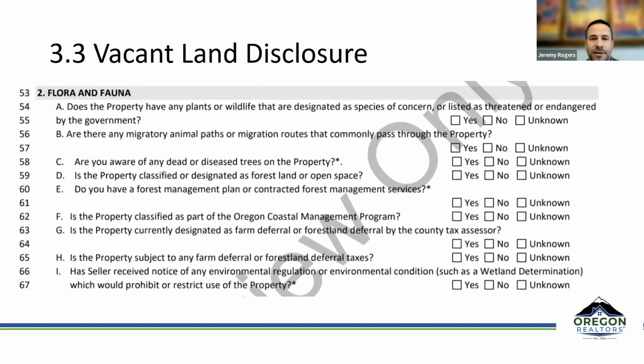I see a question here. If Oregon doesn't require the seller to provide the VLD, how can the buyer terminate if seller doesn't provide it to the buyer? Nancy, that's a good question because it's a contractual obligation, right? So there are statutory obligations, but those are pretty few and far between. Most obligations in a sale agreement are contractual obligations. The parties are signing a contract that is an agreement that they're going to do certain things.